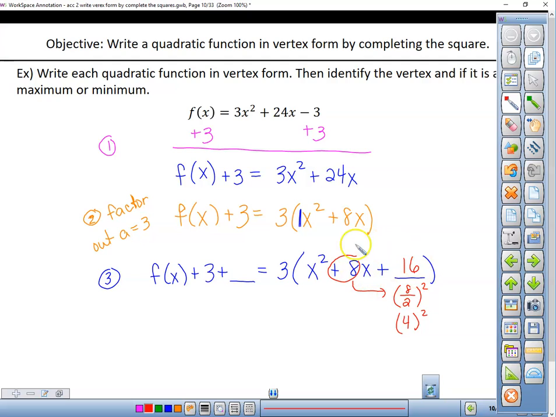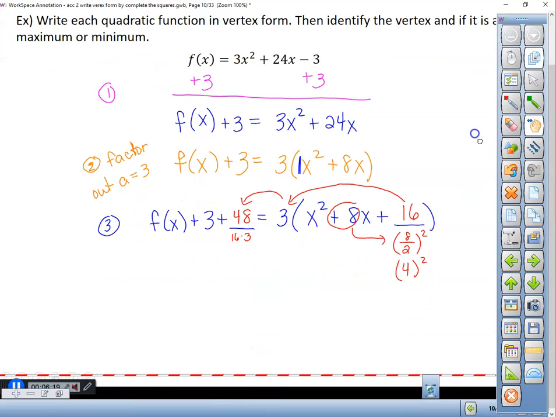And that's really what we've added over here on this side. So we always have to take our number here times our a value, which is 16 times 3, and that is what we're going to put here, which is 48. All right, so now we can add these two numbers together, and 48 plus 3 is 51, so we get f(x) plus 51.